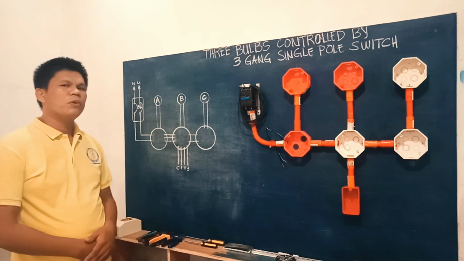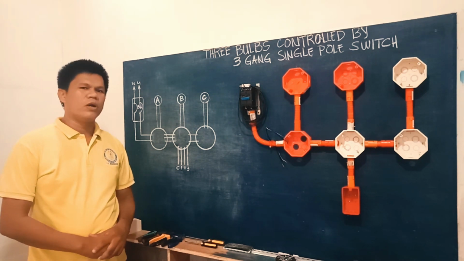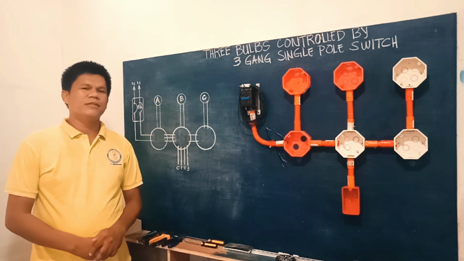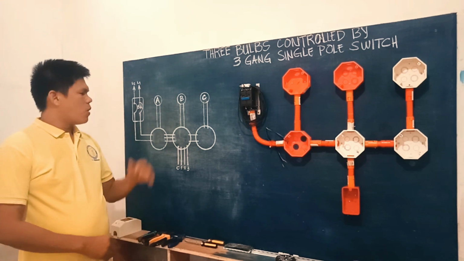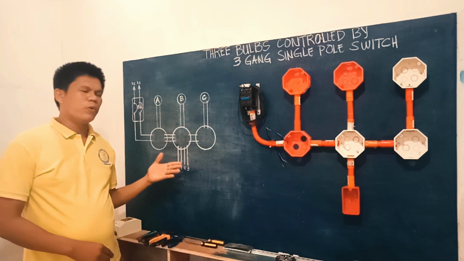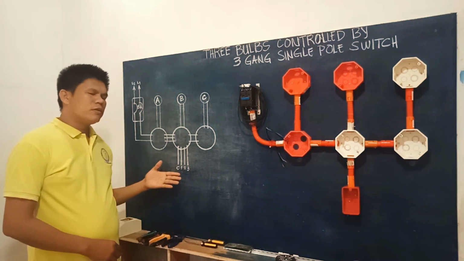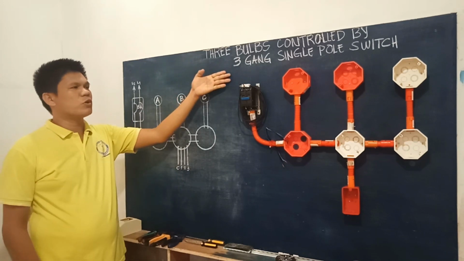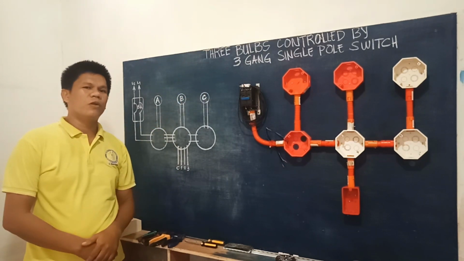Then of course we will have a very short review first with our 3 cycles of current to flow in the circuit, and as to how are we going to come up with a schematic diagram for a 3 bulbs controlled by 3-gang single pole switch.